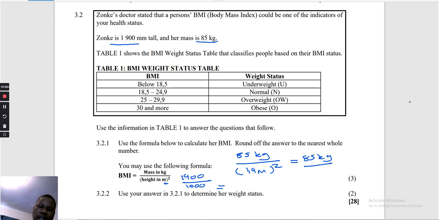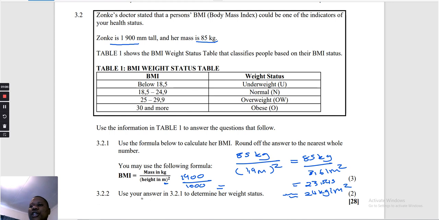That is 3,61 meter squared. And how much is 85 divided by 3,61? That gives us 23,545. Then we can round this to the nearest, to be 24 kilogram per meter squared. That is our answer there.